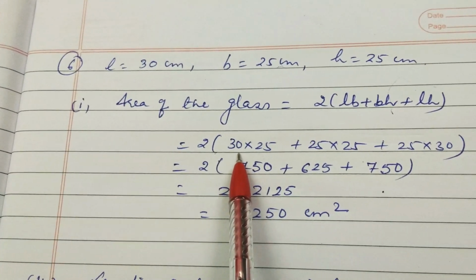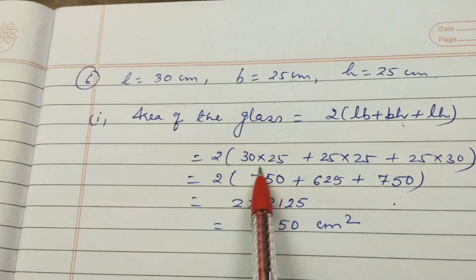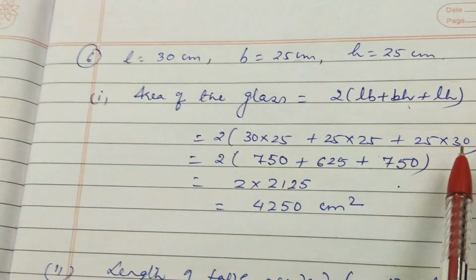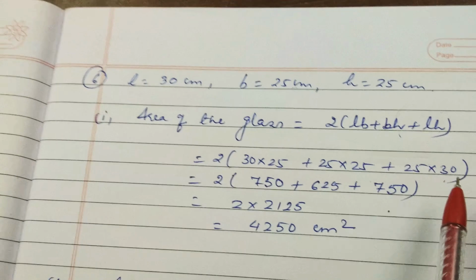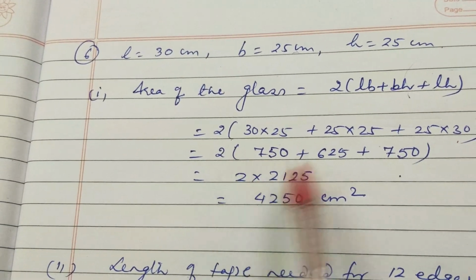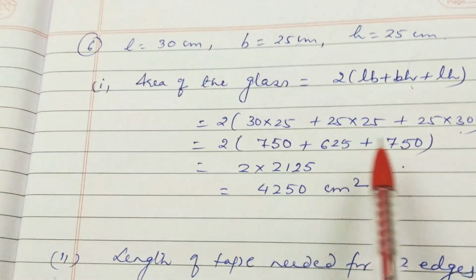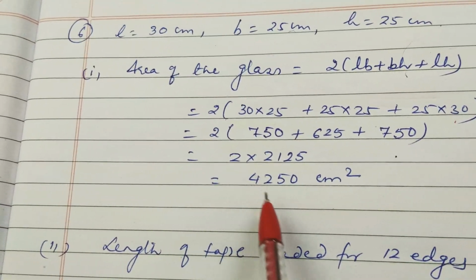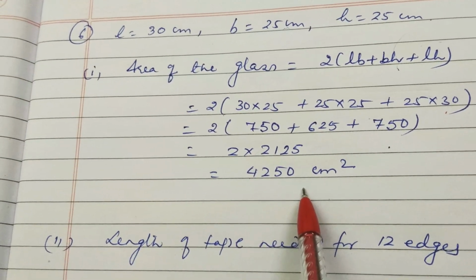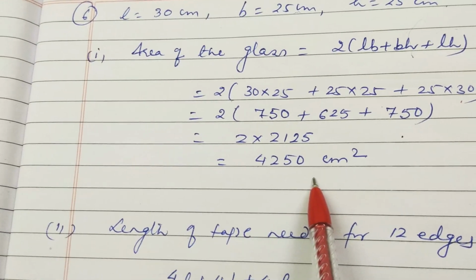So you just put the values, 2 into (30 into 25 plus 25 into 25 plus 25 into 30). When you put the values, you will get 2 into (750 plus 625 plus 750), that is, when you calculate it, you will get 4250 centimeter square.